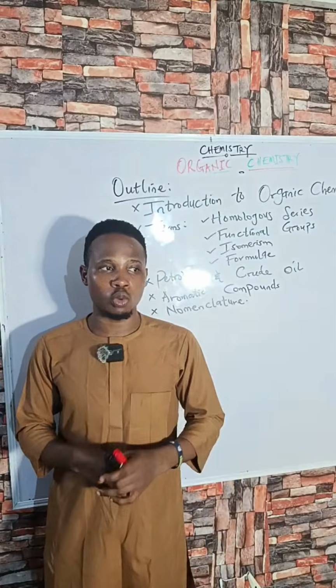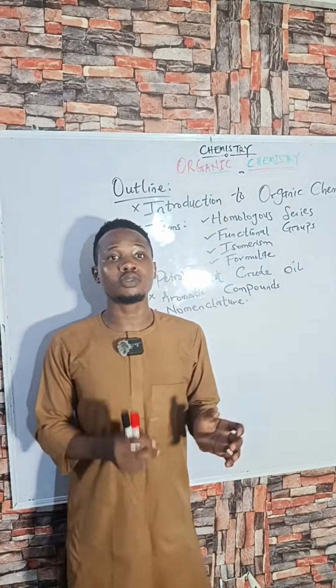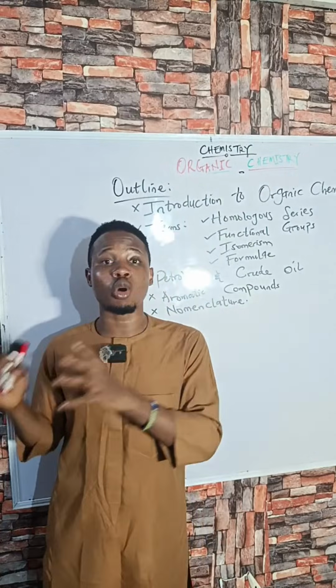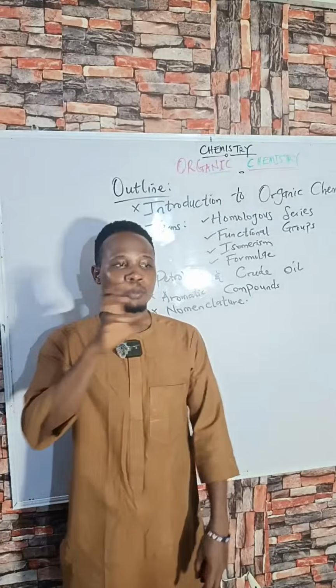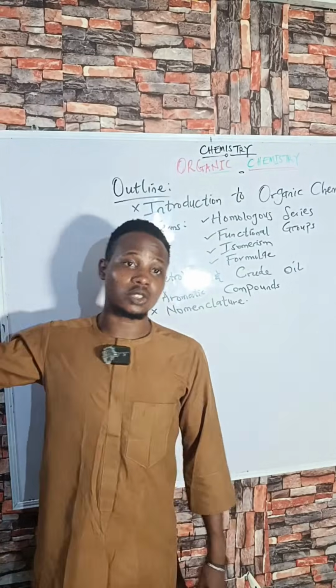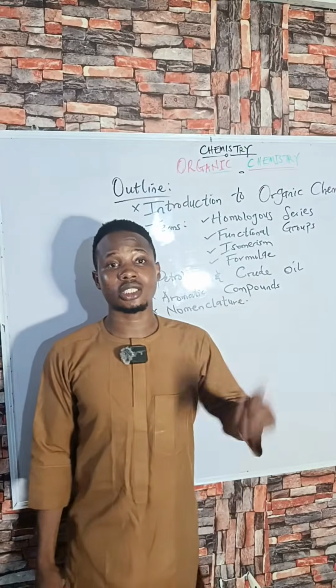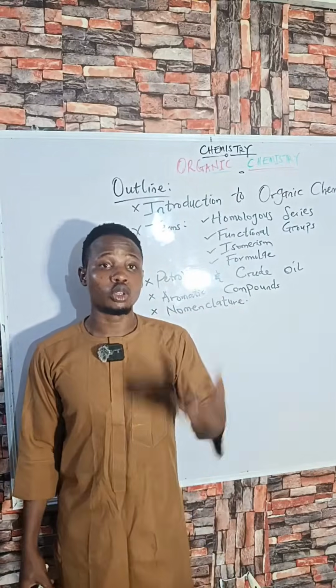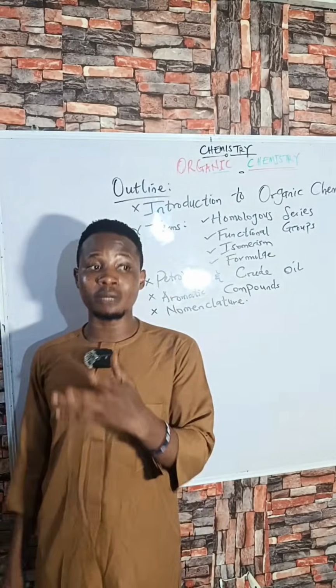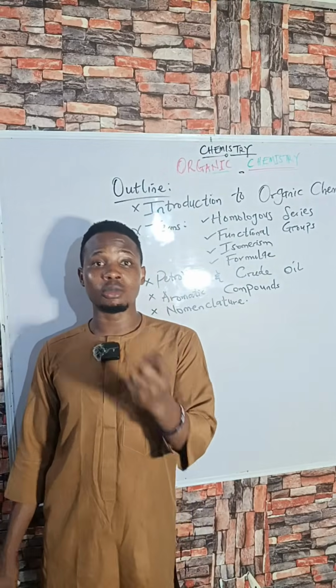That's why, if you look at your textbook, you observe that before you even get to the end of your textbook, there's a section that studies carbon and its compounds, telling you that carbon has been separated from the general inorganic chemistry. We have metals and non-metals at the end of your textbook, but carbon and its compounds is about chapter 6 of your New School Chemistry, telling you that it is very, very important, even before we go deep into the major chemistry business.